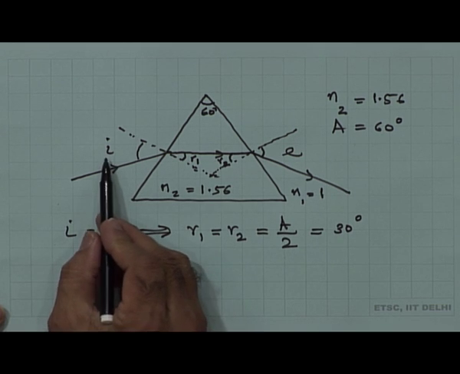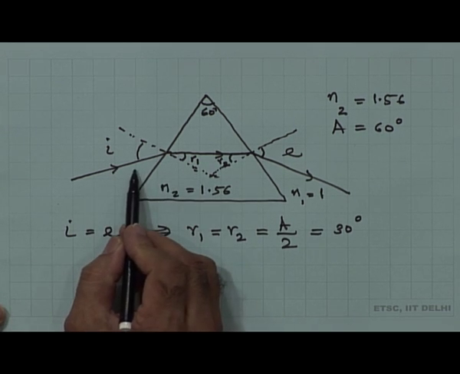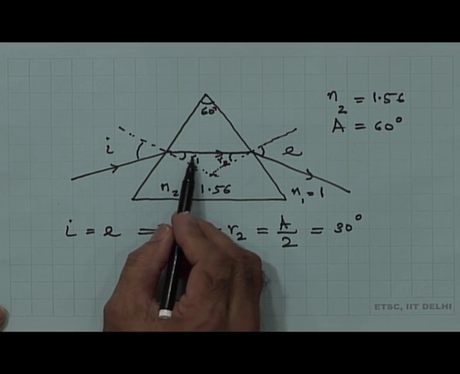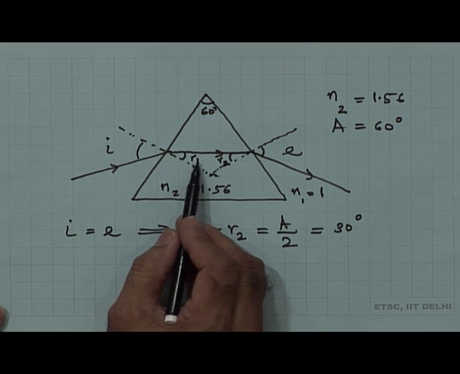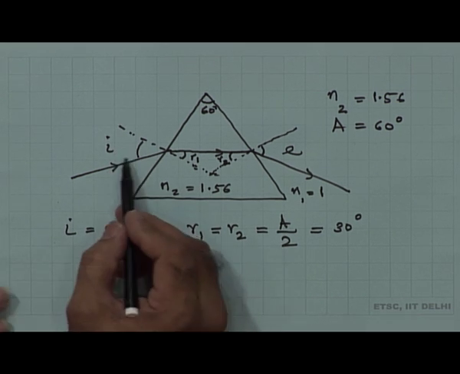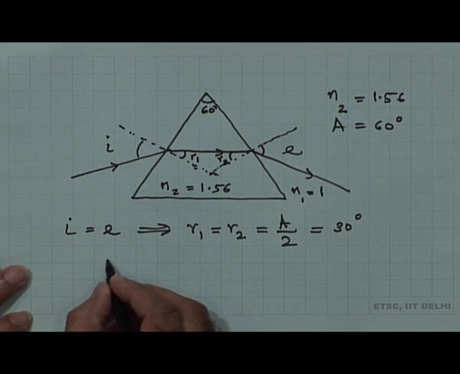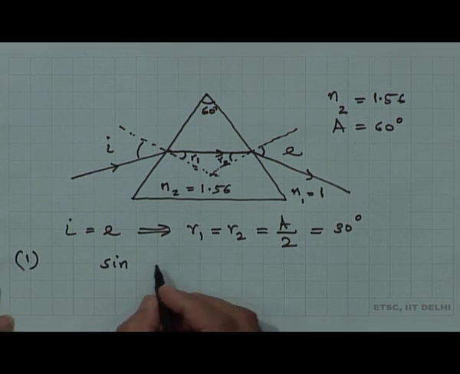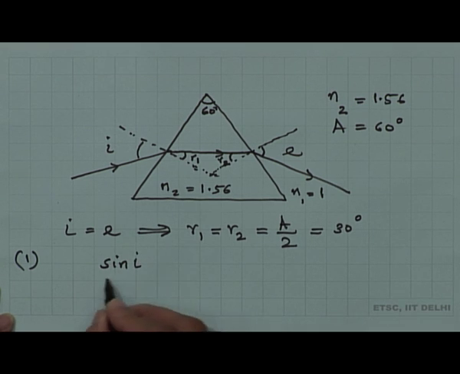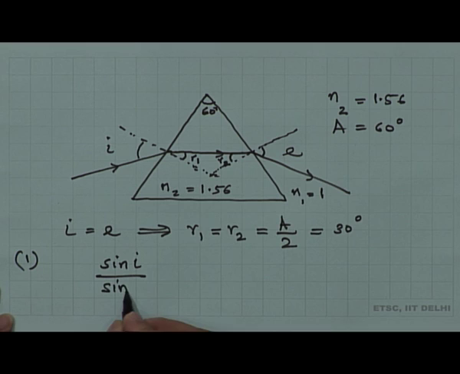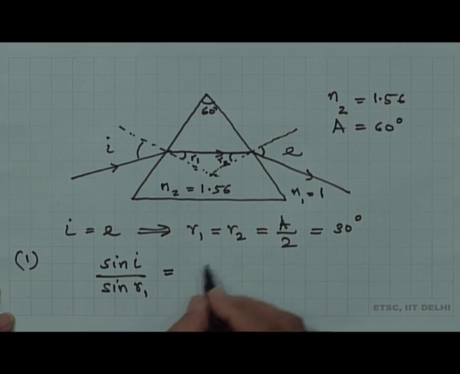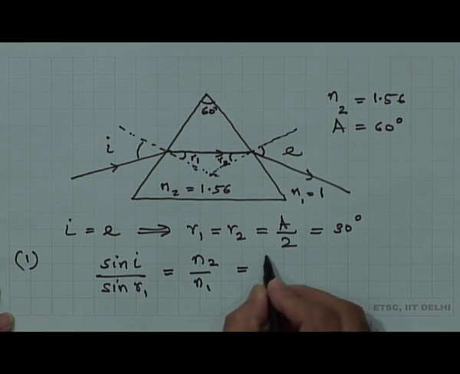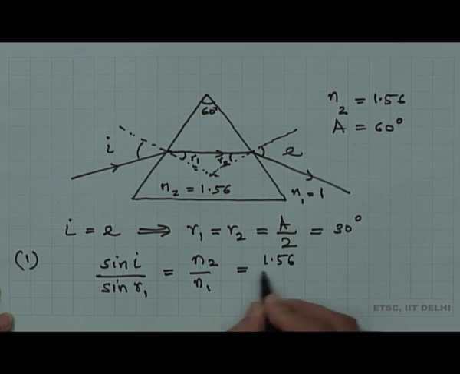The question is what is I? We know the refractive index here, we know the refractive index here, we know the angle of refraction here, and therefore we can determine I simply by applying Snell's law. So, for the first part, applying Snell's law, sin I divided by sin R1 is equal to n2 by n1, which is equal to 1.56 divided by 1, because n1 is 1.